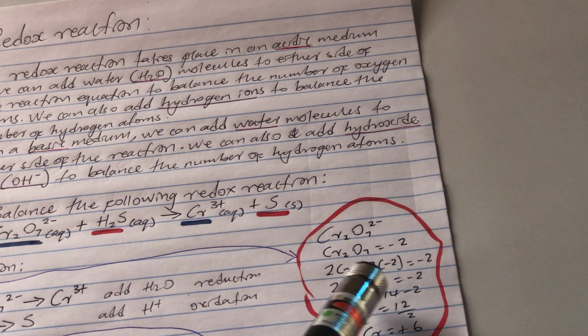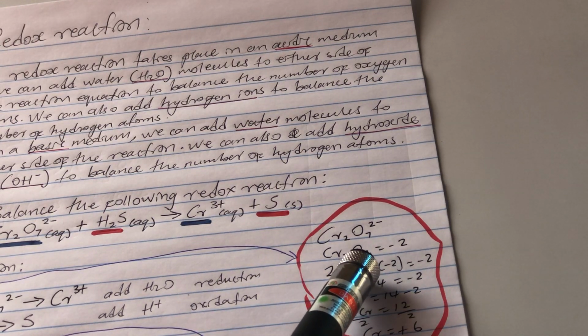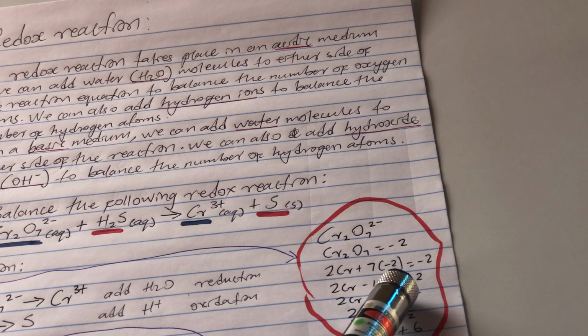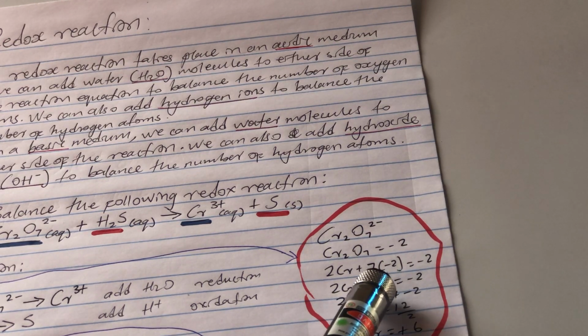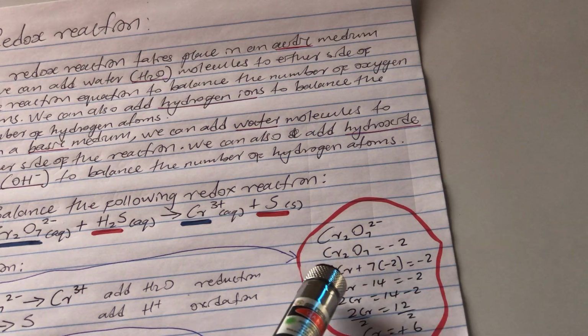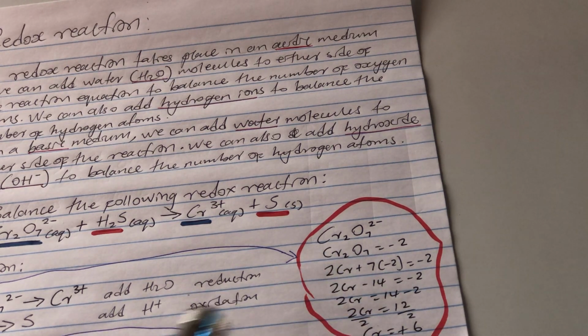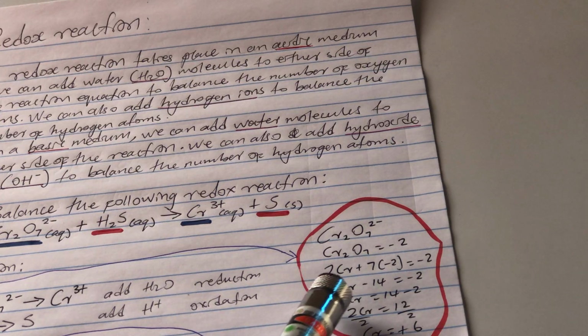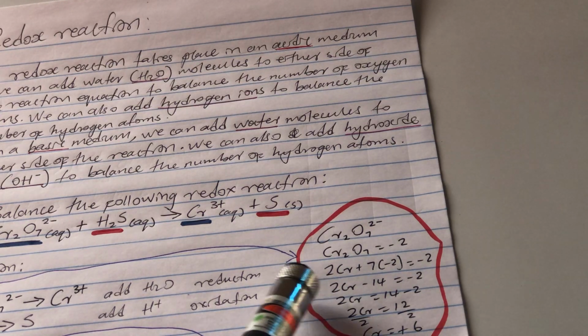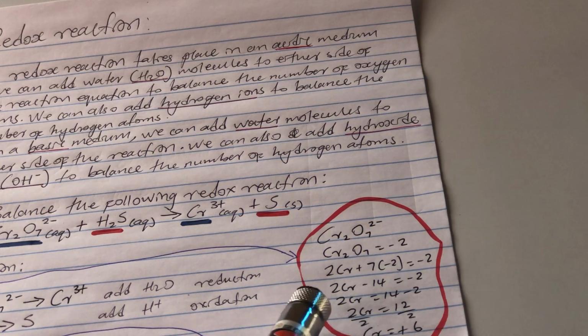Then the oxidation number of oxygen is minus 2. We put minus 2, multiply it by 7. Here it will be 2Cr. Then we solve for Cr. You do your maths here.